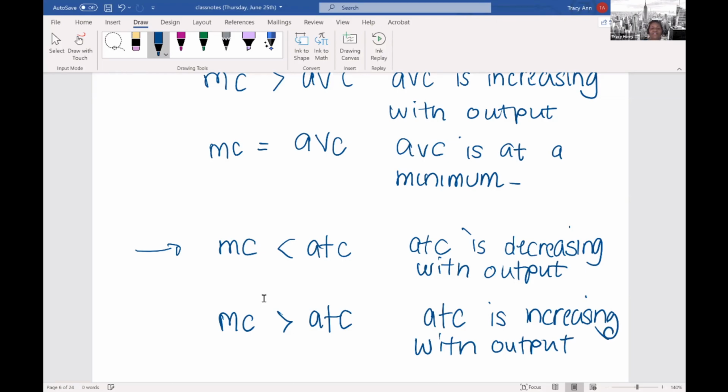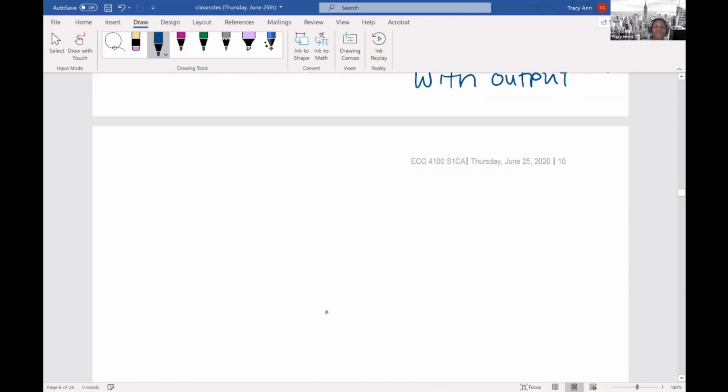And then finally, of course, if my marginal cost is equal to my average total cost, then my average total cost is at a minimum.